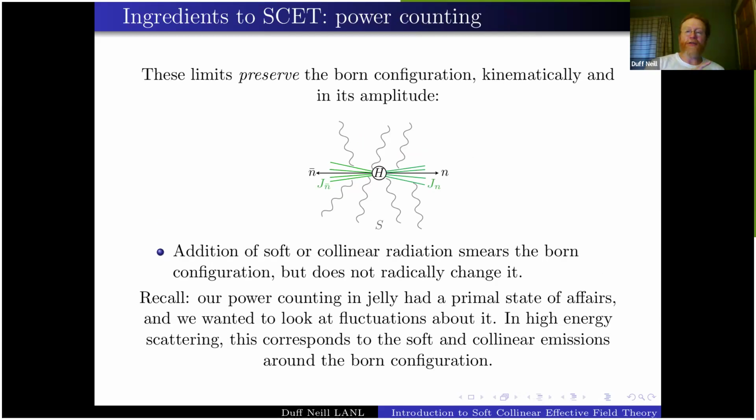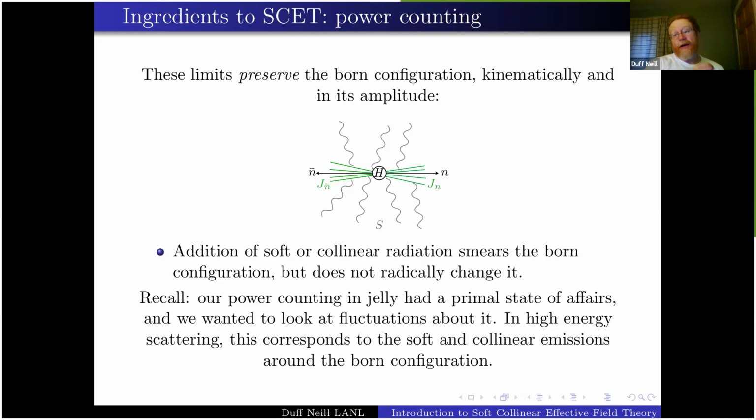And in particular, what's interesting about the 2 limits of soft and collinear is that they preserve, more or less, this Born configuration, both kinematically and in its amplitude. Kinematically, this should be obvious. If I take 2 partons and I split them collinear, then basically the same amount of energy is moving in the same direction.